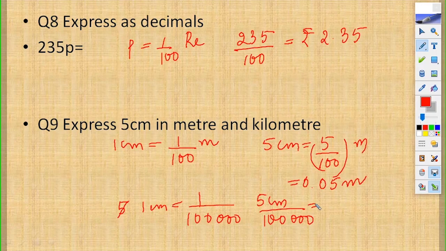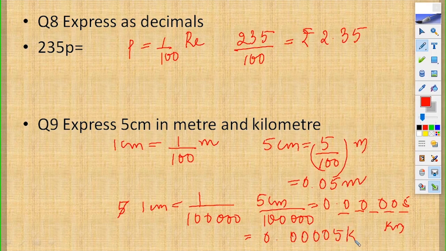You have 1, 2, 3, 4, 5. Alright, 0, 0, 0, 0, then 5 kilometer. Answer is 0.00005 kilometer. 5 divided by 1 lakh. So I need 5 decimal places in the answer.